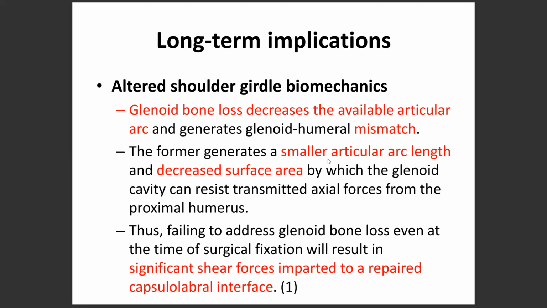The former generates a smaller articular arc length and decreased surface area by which the glenoid cavity can resist transmitted axial forces from the proximal humerus, thus failing to address that glenoid bone loss, even at the time of surgical fixation, will result in significant shear forces imparted to a repaired capsulolabral interface.